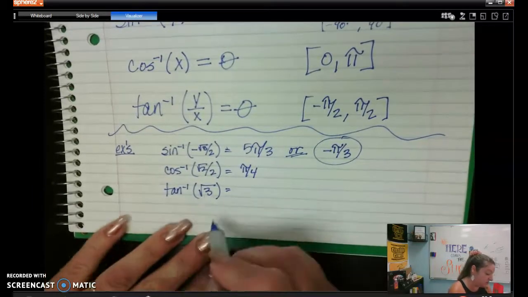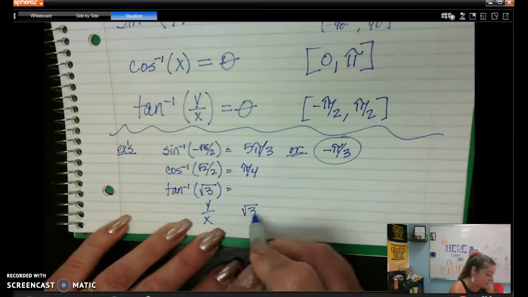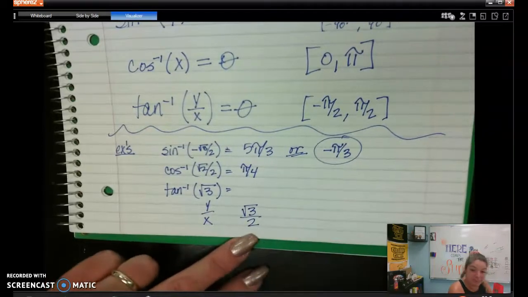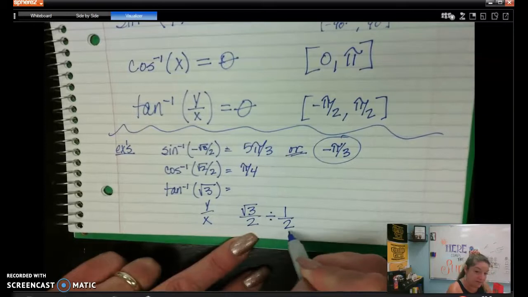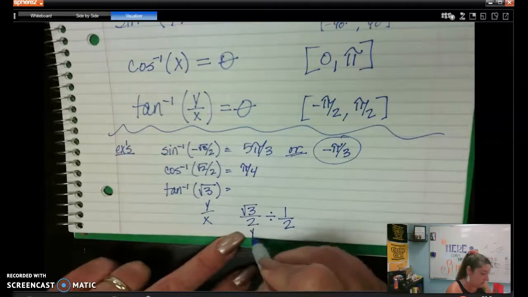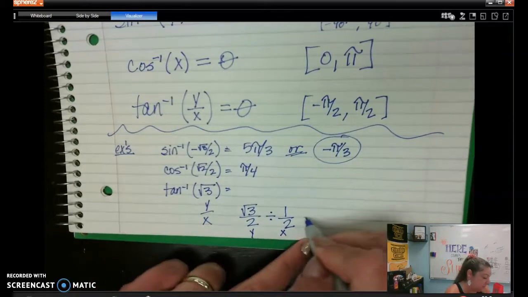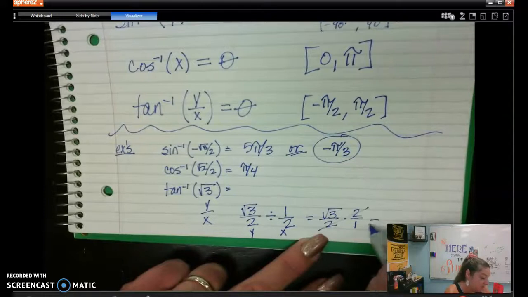The tangent, remember, was y over x. And so the tangent is going to be root 3 when your y value is root 3 over 2, and you're dividing it by 1/2, which is your x value. Because remember, when you do fractions, you keep, change, flip, and so this is the same thing as root 3 over 2 times 2 over 1.